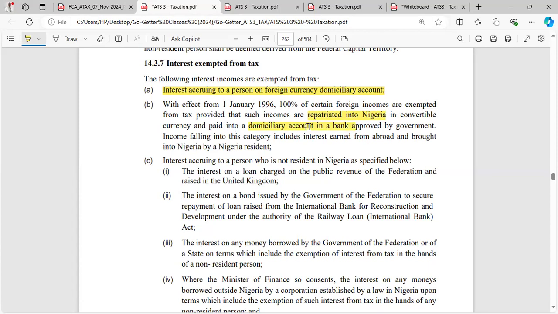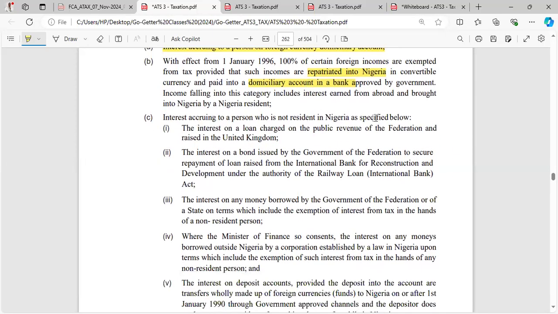You earn foreign income and you bring it into Nigeria, you are putting it into a domiciliary account which is convertible. It means that you can convert your dollars into naira.